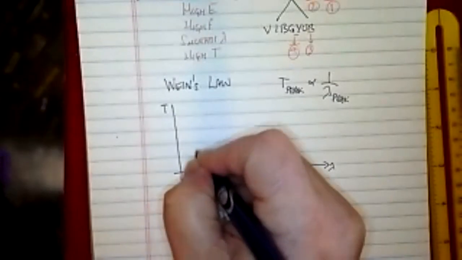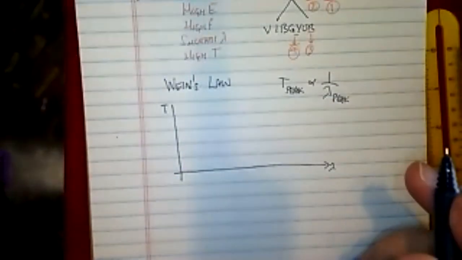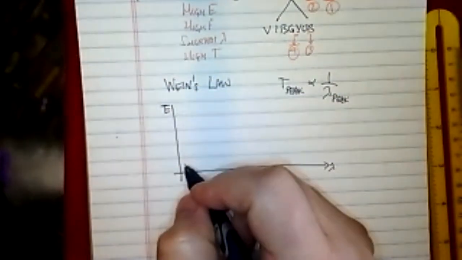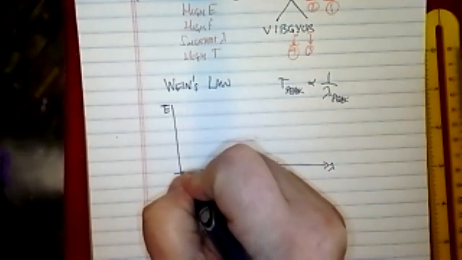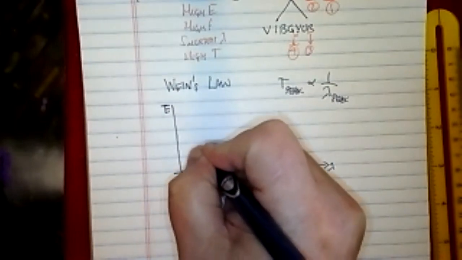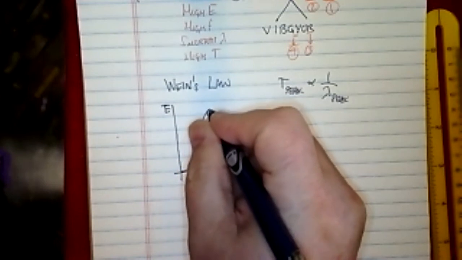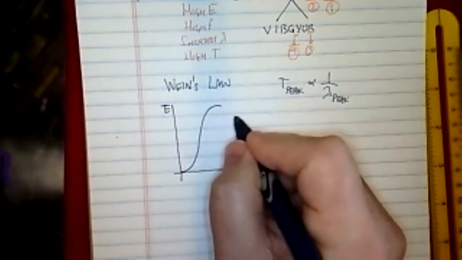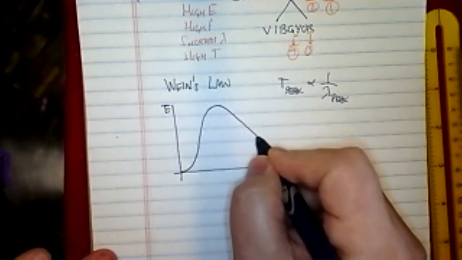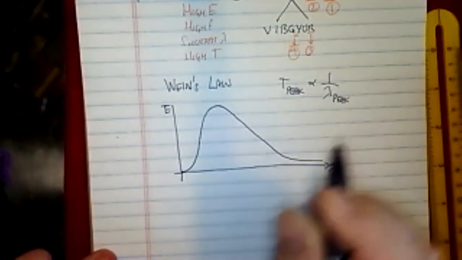And when you make a plot of that as a function of, excuse me, I said T, as a function of energy, I apologize for that, what you'll find is there's a very steep part of the curve going up, and then it comes over into a peak, and then it gradually falls off very, very slowly.